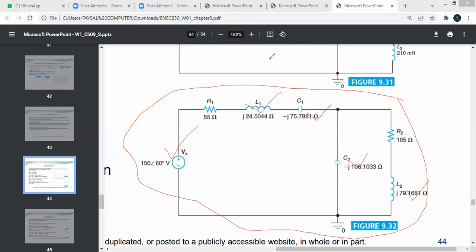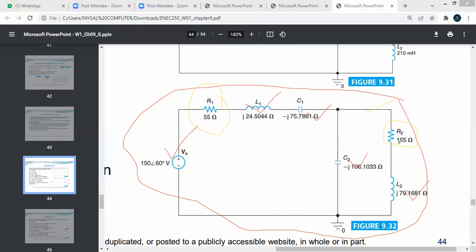The only thing which remains constant is the value of resistance, in this case R1 and R2. So R1 and R2 remain the same when converting from Cartesian to polar. So this is the complete solution of this example.